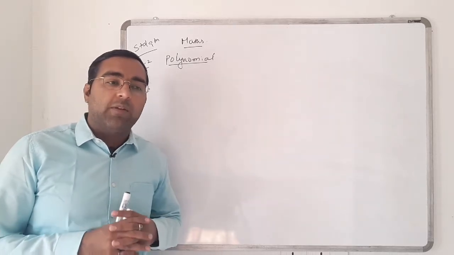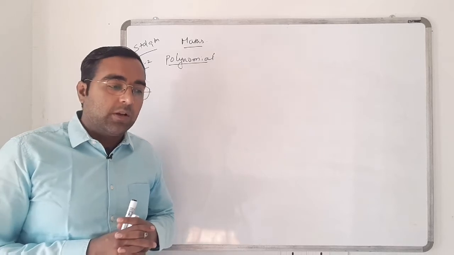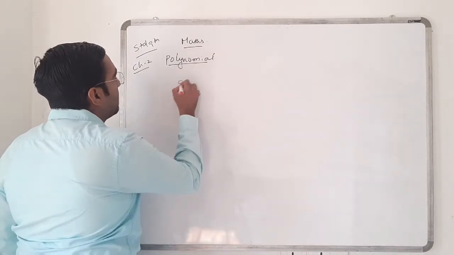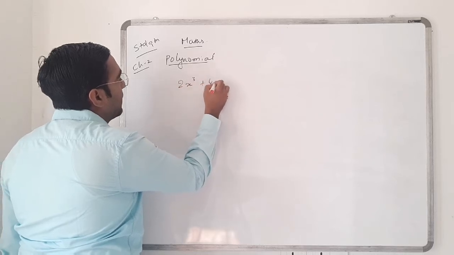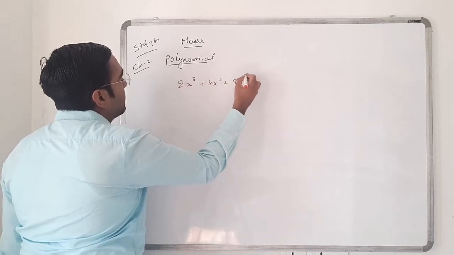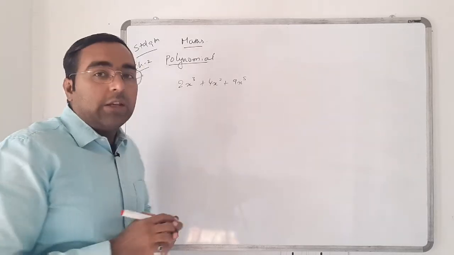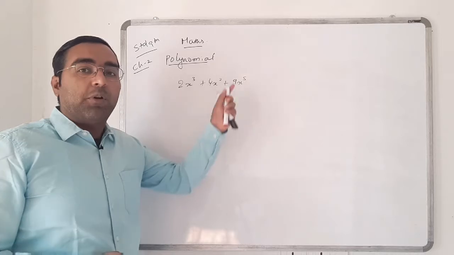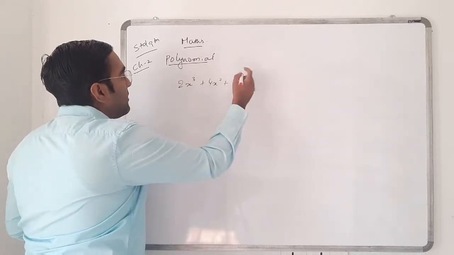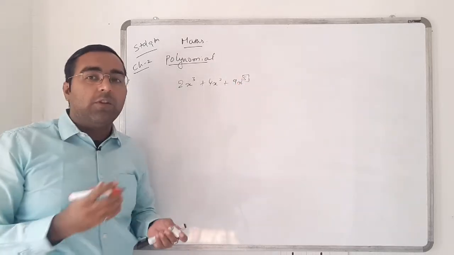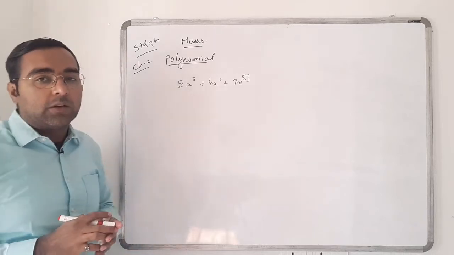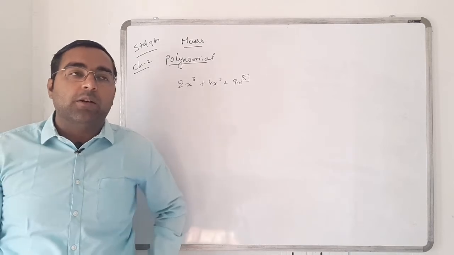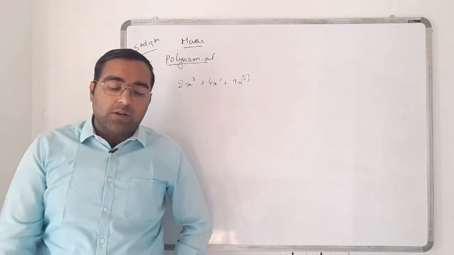For example, if I write 2x^3 + 4x^2 + 9x^5, there are three terms, and the highest power is 5. So my degree of the polynomial is equal to 5. Clear about that?